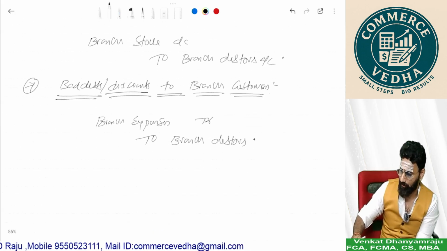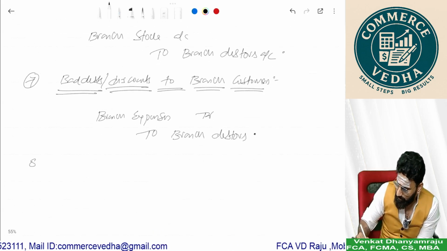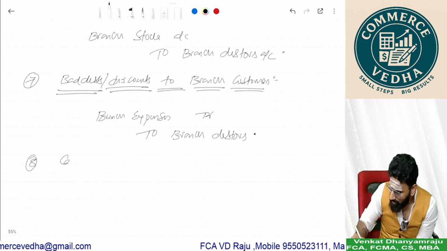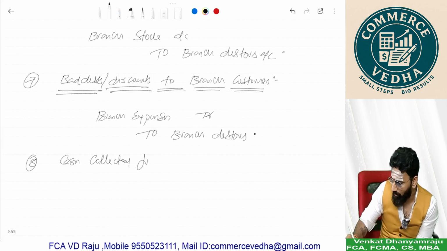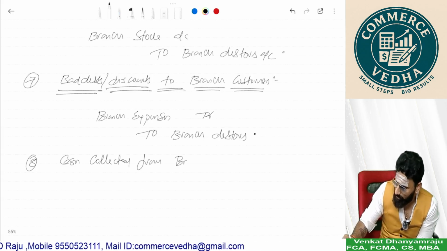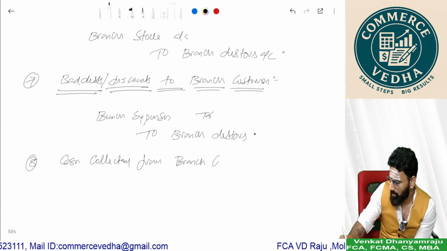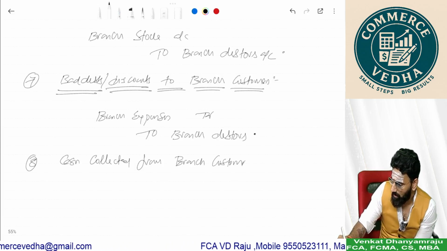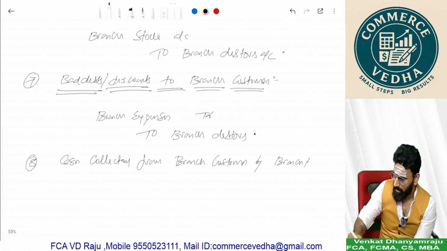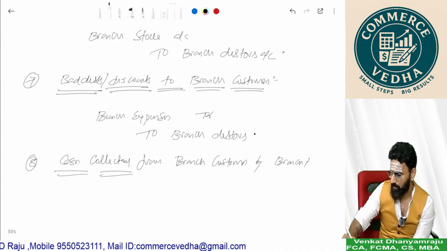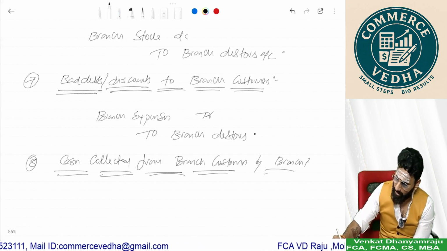Right, now next, cash collected from branch customers by branch. So branch collected cash from its customers.